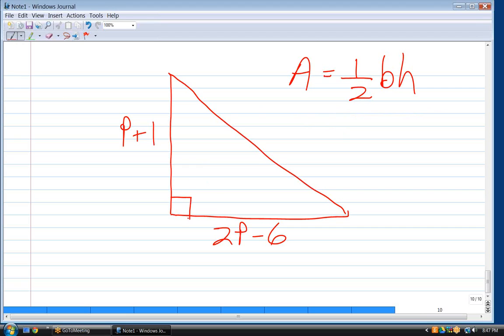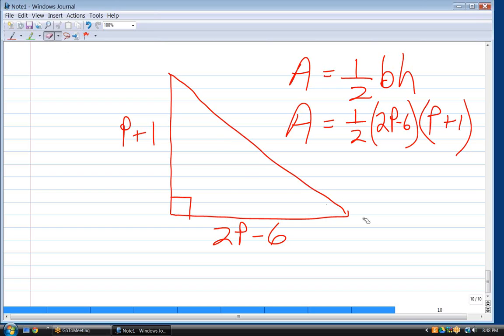A little bit, but we haven't gone into detail. Okay, because this would be a hard question to answer if you didn't know the formula for the area of a triangle. Okay, so now let's just fill things in. What's the base? 2p minus 6. What's the height? P plus 1.